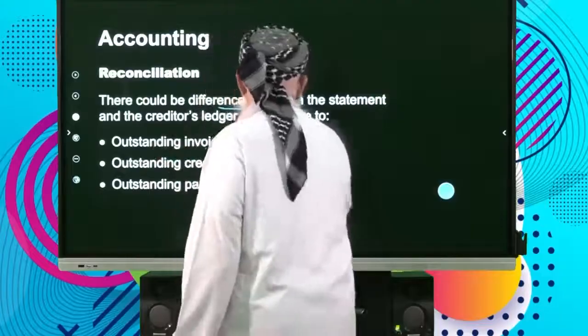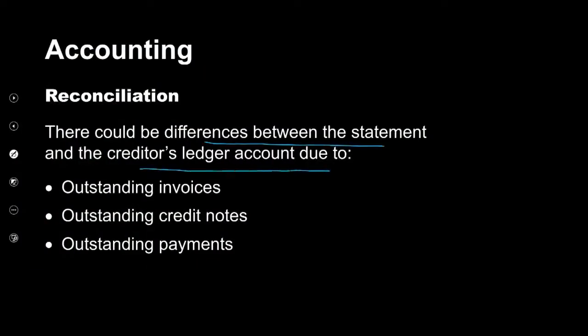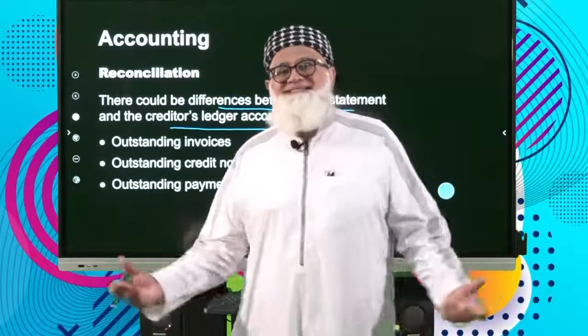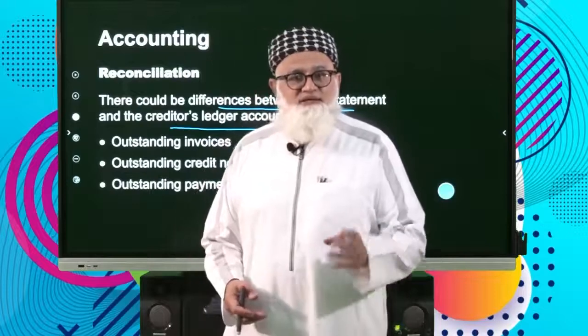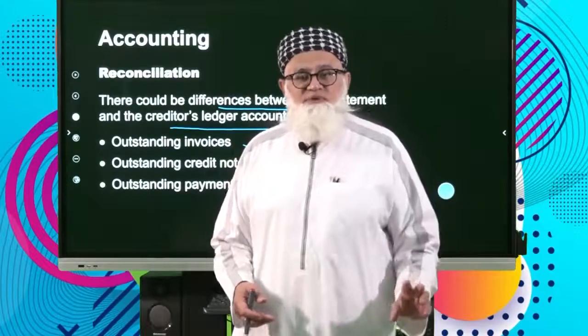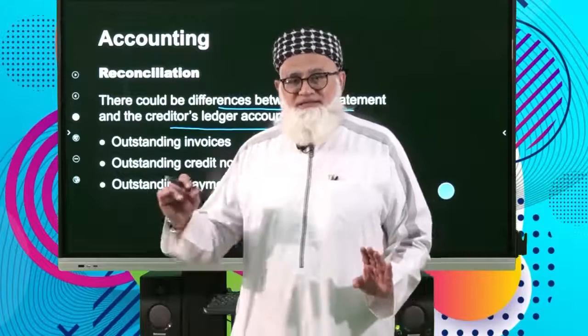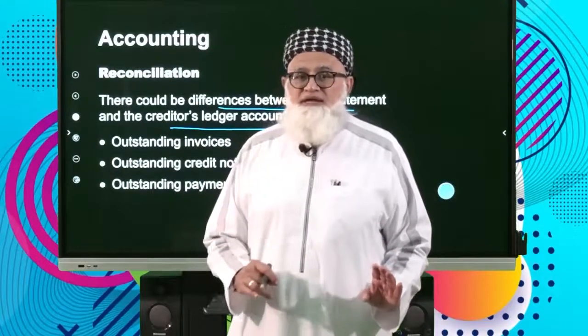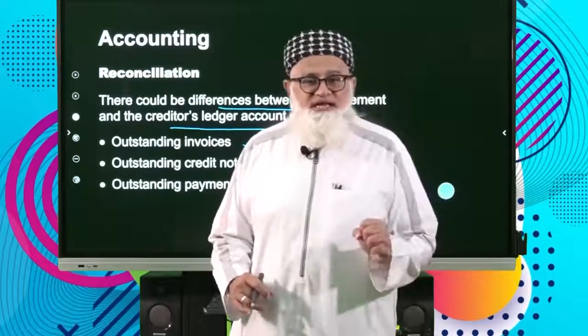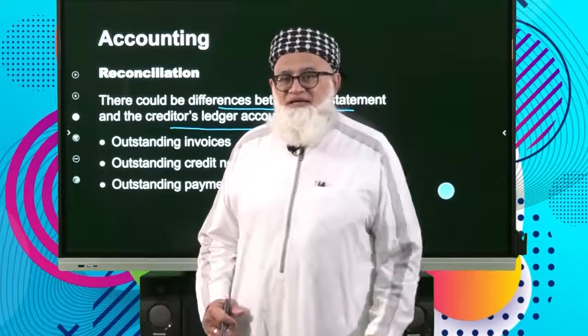These differences between the statement and the creditor's ledger account could be due to, one, outstanding invoices, meaning the last invoice from your supplier hasn't been entered as yet. You've got the goods, they're in your business, but the invoice that had to accompany those goods you haven't received as yet. So it's regarded as an outstanding invoice.